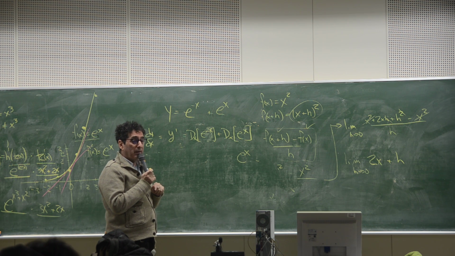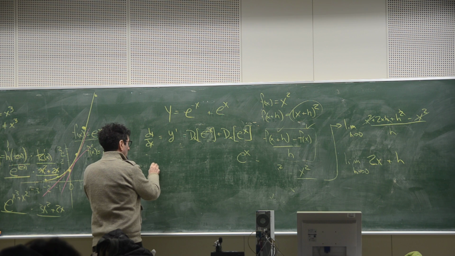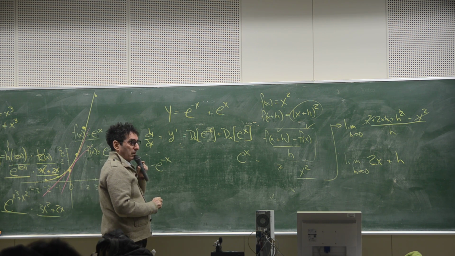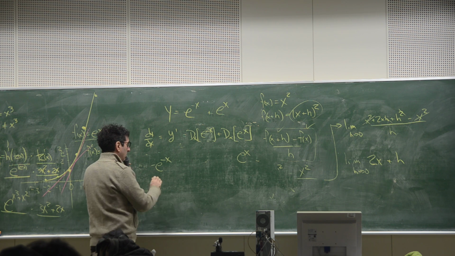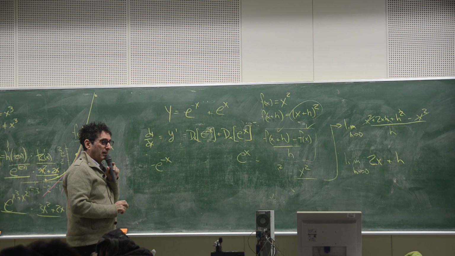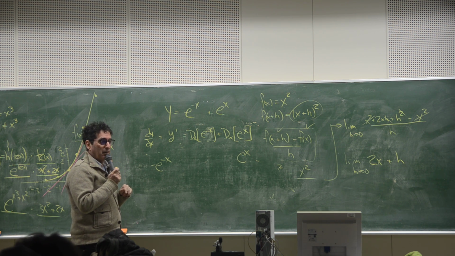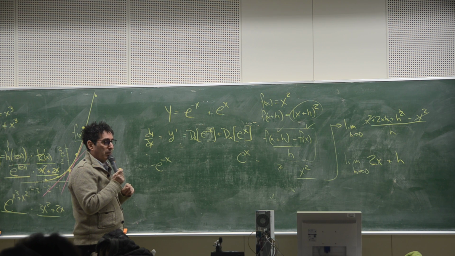Now, everybody will want to say, oh, that's just minus e to the minus x. I don't know what everybody would want to say, but you might think, oh, I already know how to do this. But you don't. You don't have any rules for this.